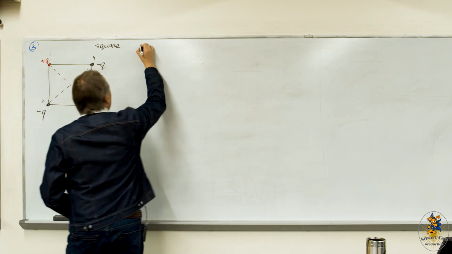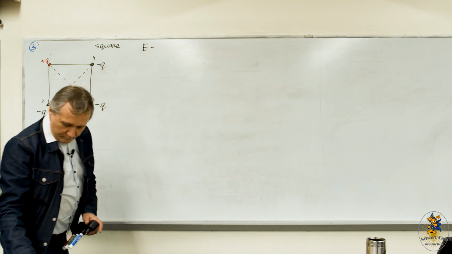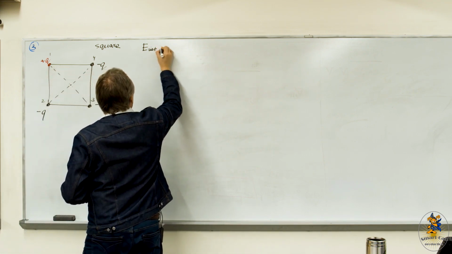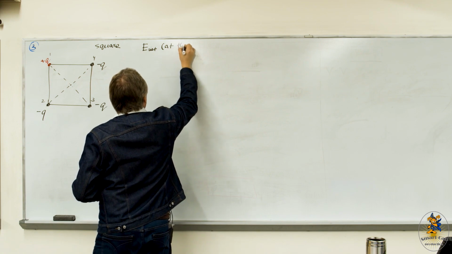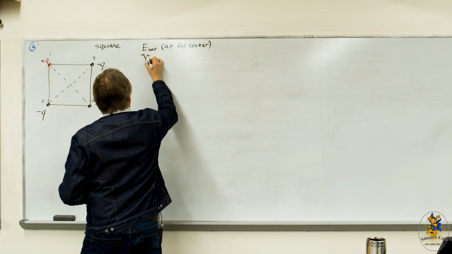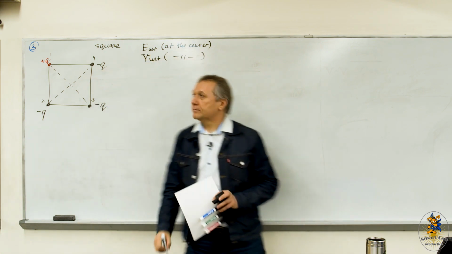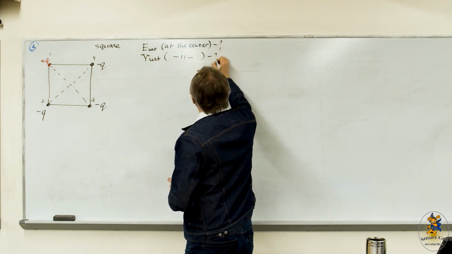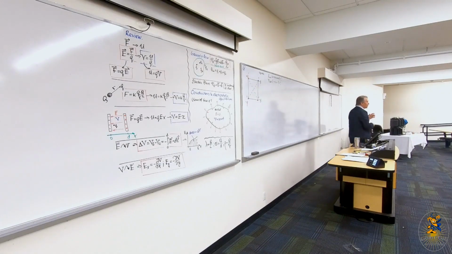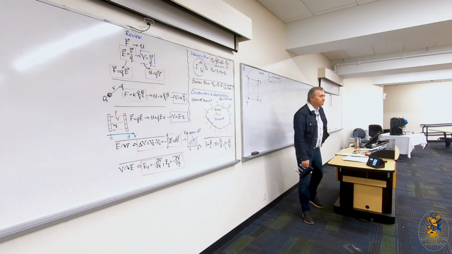So first, let's find E net direction at the center, and also V net at the center. Electric field, I just want to find the direction. I don't want to calculate numbers because we've done that already in the first problem. It's enough.